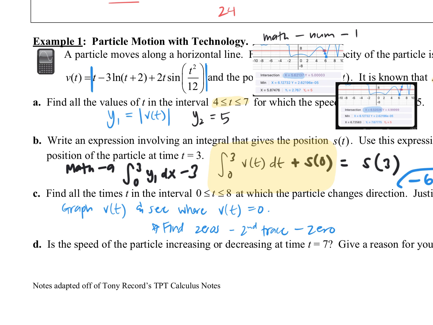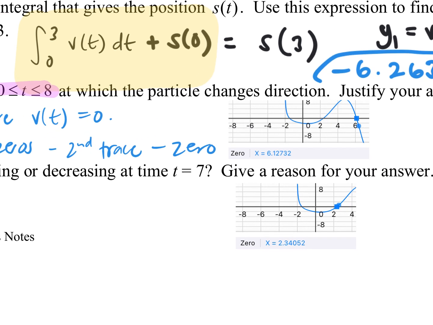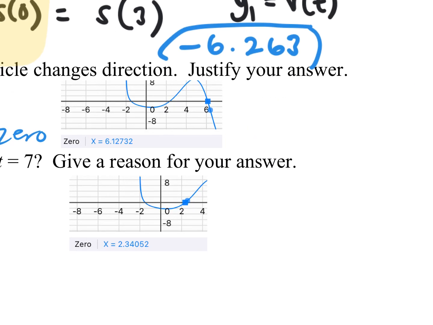Graph v of t, find your two zeros, because we're looking at the interval from 0 to 8 here. There should be two answers. I'll put a picture up here of what I got so that you can see if you are correct. So our two answers for part C are 6.127 and 2.341.